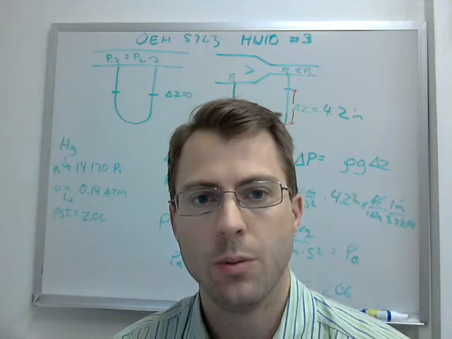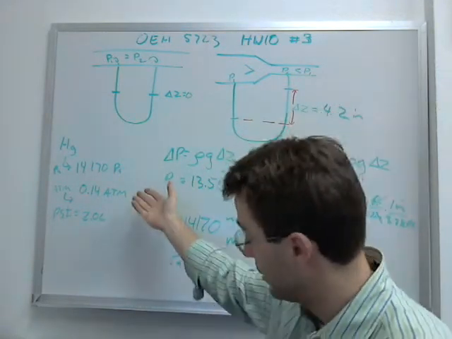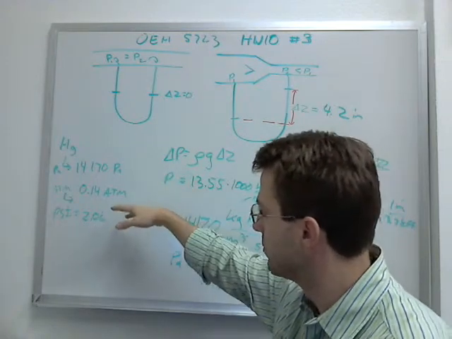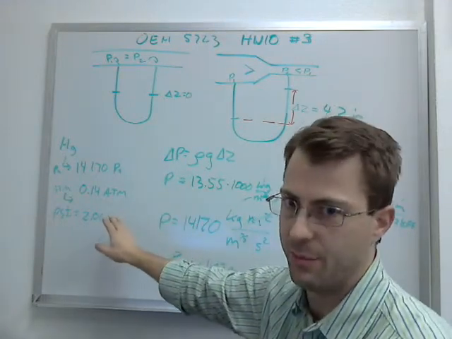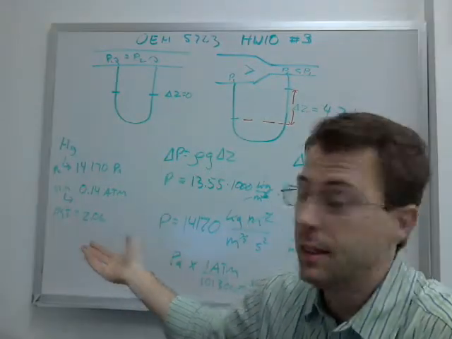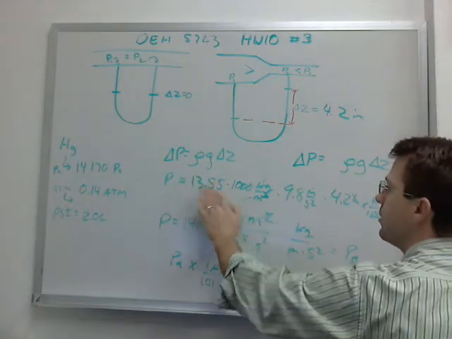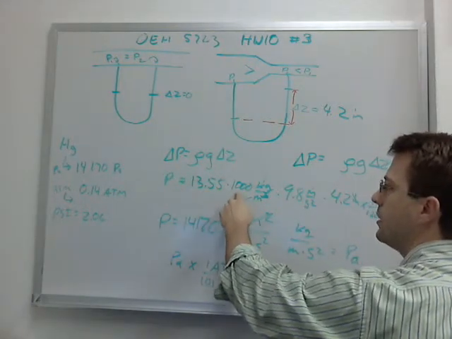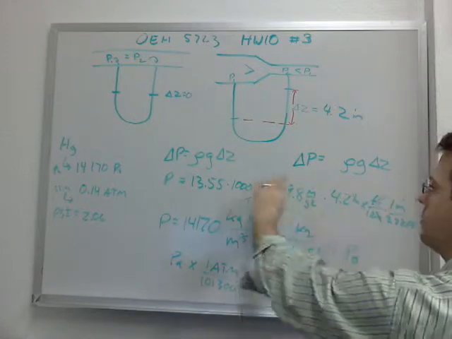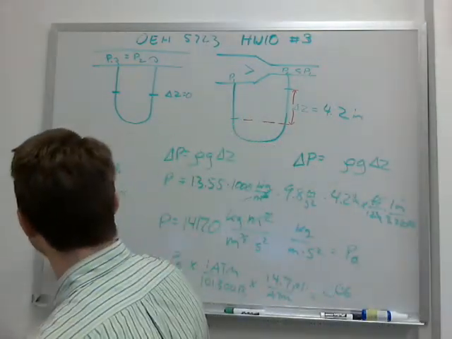When you have mercury, that's a relatively large amount of pressure because mercury is so dense. If that was water, it's going to be 13.55 times less. It's all right here. If it was water, we would just not include this density factor. This is the density of water. And so for water, this is really quite easy.